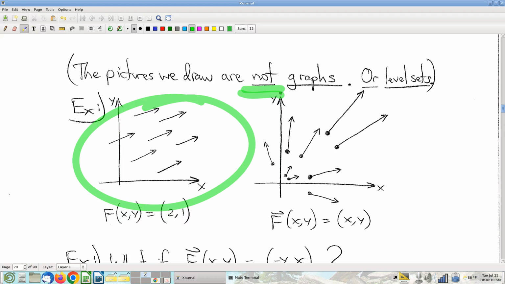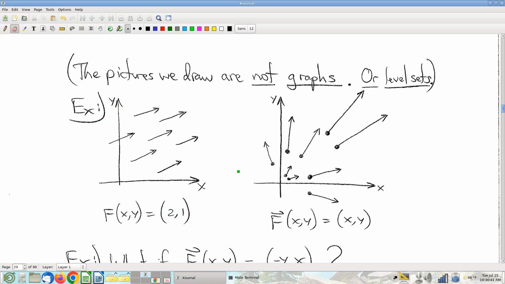So what calculus looks like on these pictures is a whole separate thing that we're going to talk about. And it turns out that the kind of calculus of vector fields we're interested in is, in fact, different calculus. Partial derivatives aren't going to be that interesting on this picture. But there is a different collection of calculus objects that we're going to develop and care about.